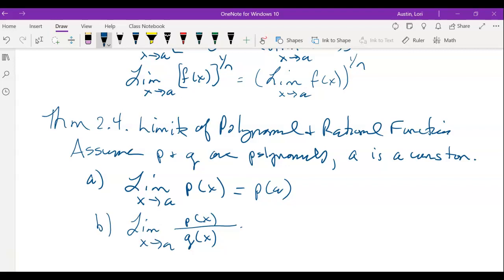So your first step, of course, is just calculate whatever P of A is over Q of A. But where do we run into a problem with rationals? This is all well and good as long as Q of A does not equal 0. And you'll know it, but you got to plug it in first to see it. So what happens when it does equal 0, right? So let's take a look.